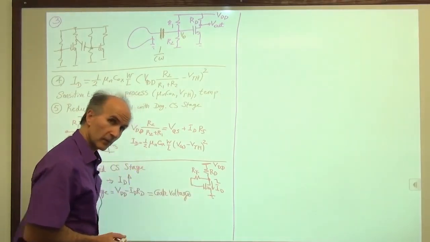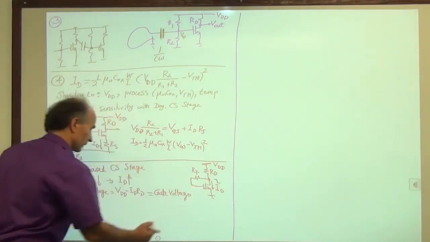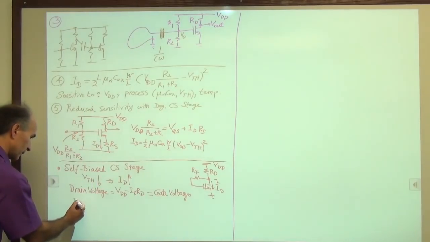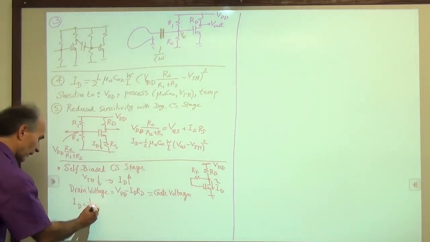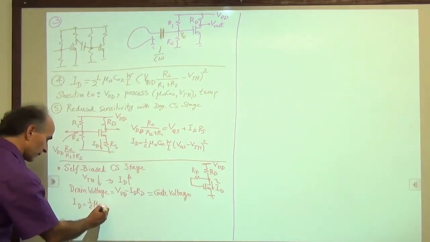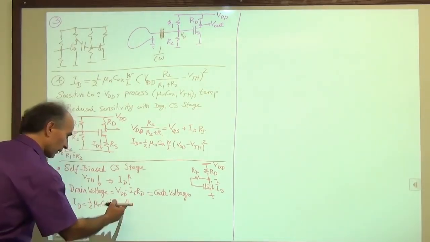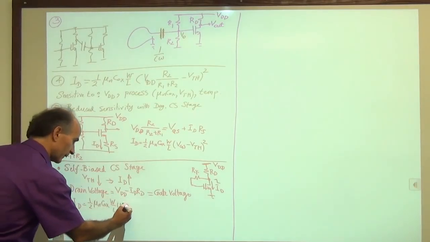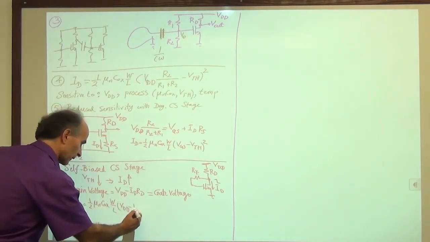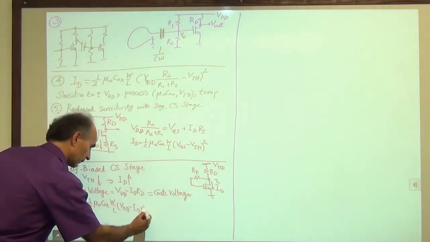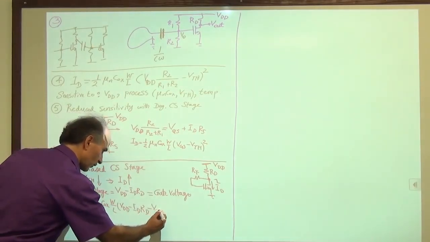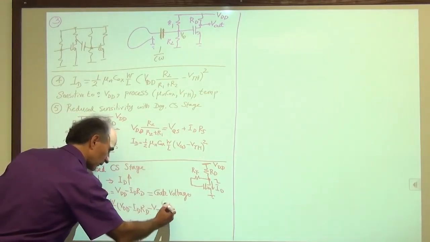This is the gate voltage with respect to ground. This is VGS. So I can find ID. ID is equal to 1/2 mu n Cox W over L, times the gate voltage, VDD minus ID times RD, minus VTH, that is VGS minus VTH, squared.